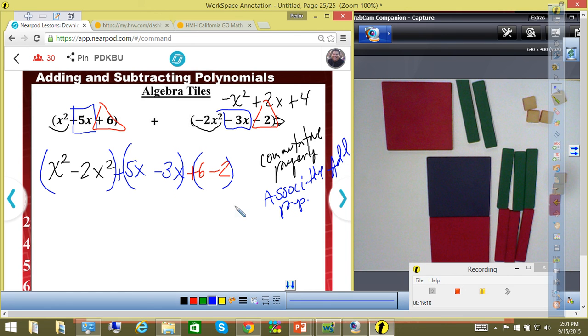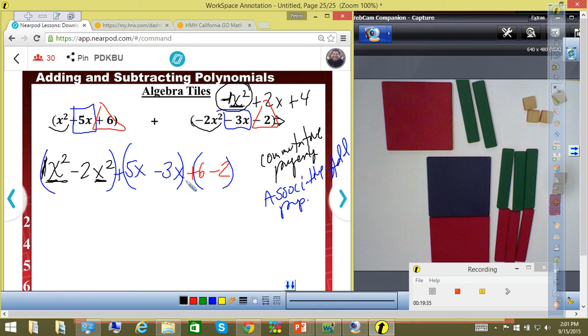All right, so now check this out. What did we get at the end? Negative x squared. So pay attention to this part. Negative x squared. So look, here's x squared and here's x squared, and I only wrote it once. Look, what is the coefficient of this one? 1. And what is the coefficient of this one? Negative 2. And what did we get at the end? Negative 1x squared.